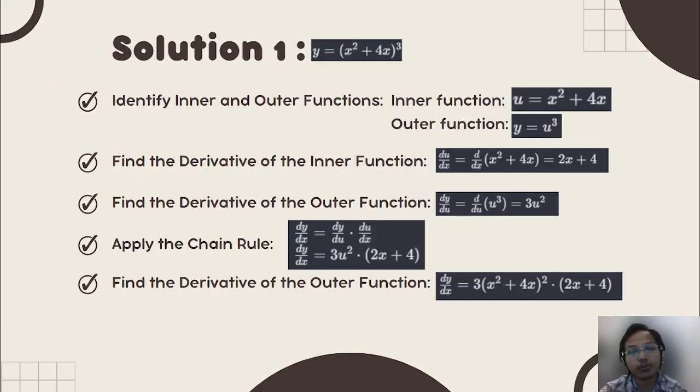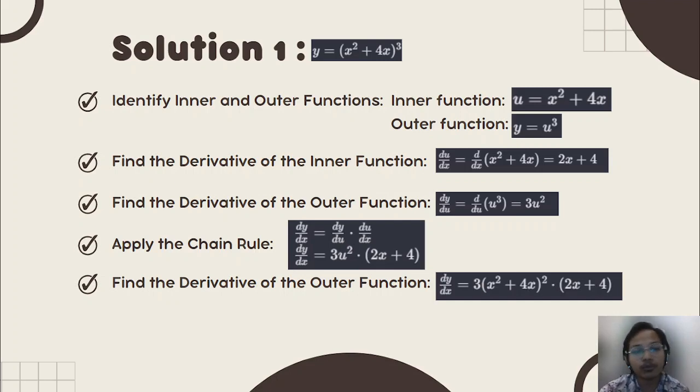Solution 1. First and foremost, we need to identify the inner and the outer functions. The inner function is u equals x^2 + 4x, while the outer function is y equals u^3.